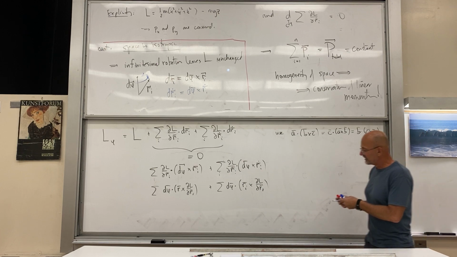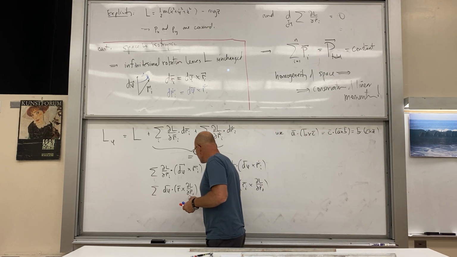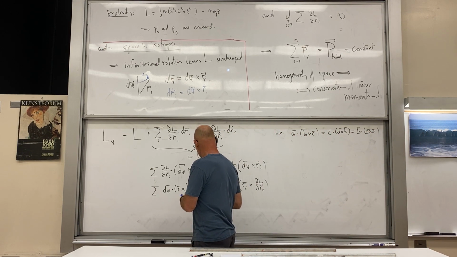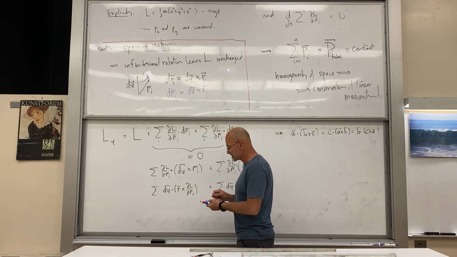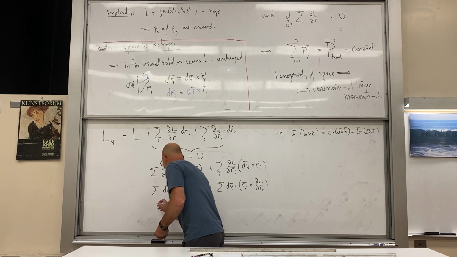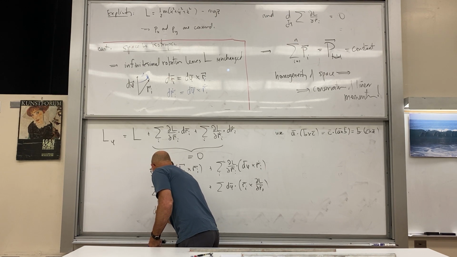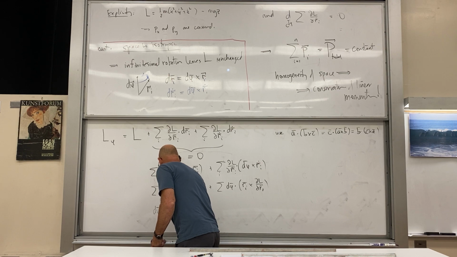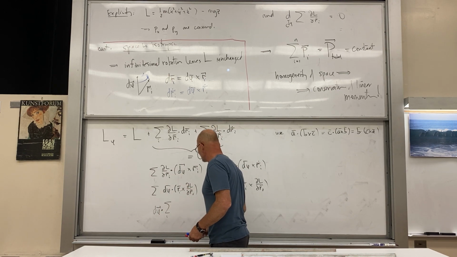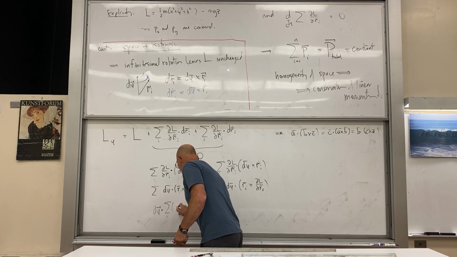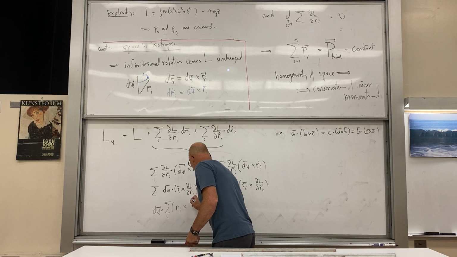And we have, again, the Euler-Lagrange equation. So I'm going to do two things now. First of all, the d phi is common to all of them, so I can bring it outside the sum. And then under one sum, these all have subscripts, I'm going to have r_i cross, and I'll use the Euler-Lagrange equation.